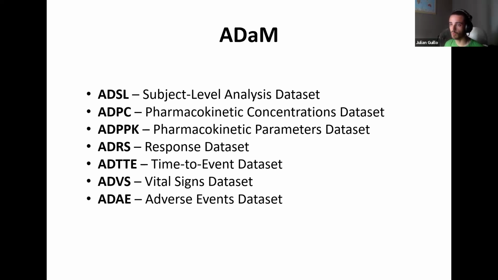And then there are many more, and these are the ones that we're going to be seeing over the next weeks: the pharmacokinetic concentrations dataset, pharmacokinetic parameters dataset, response dataset, time to event dataset, vital signs dataset, and adverse events dataset. And they are also important, but for different things.